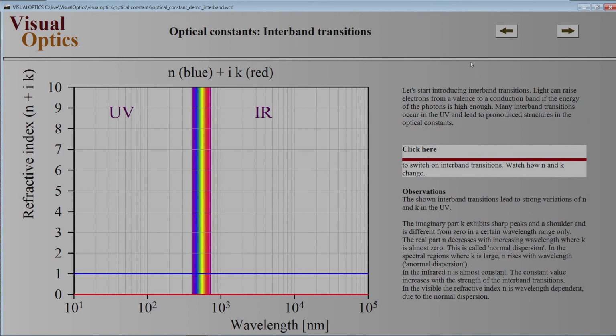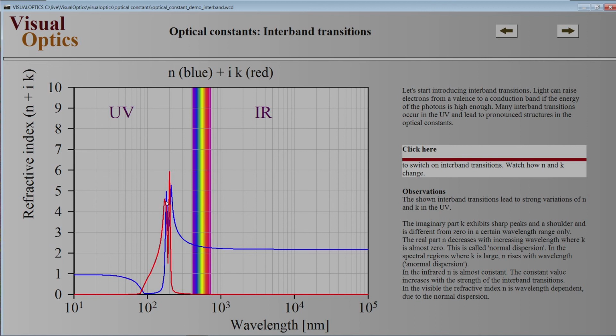The first excitation that I would like to discuss is actually the most important one. It's called interband transition, or electronic interband transition. And if we switch on this type of excitation, you will see that the optical constants show very large structures in the ultraviolet in this case.